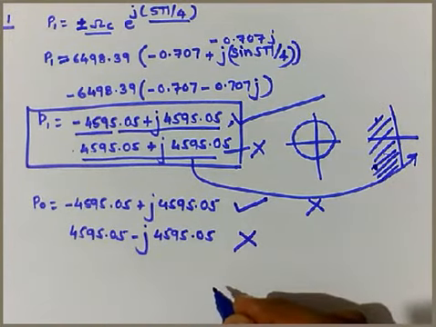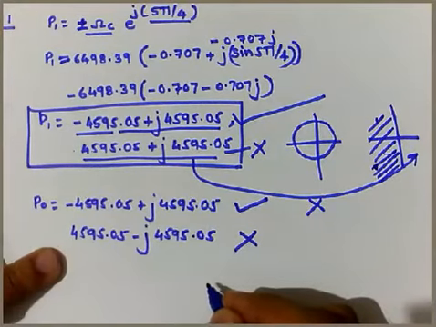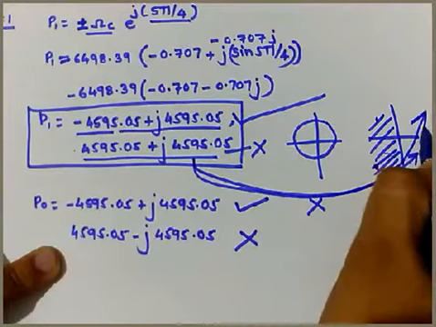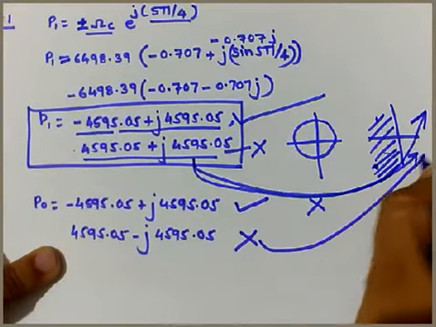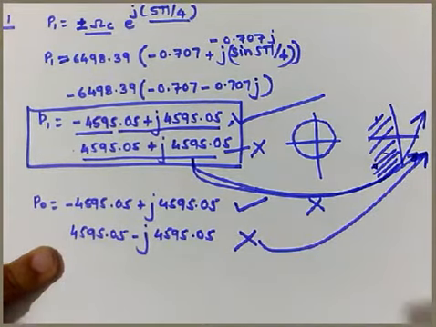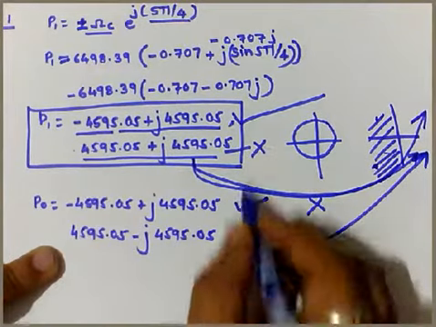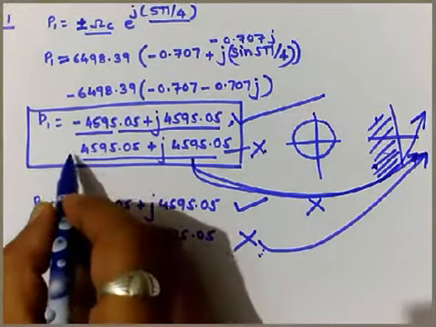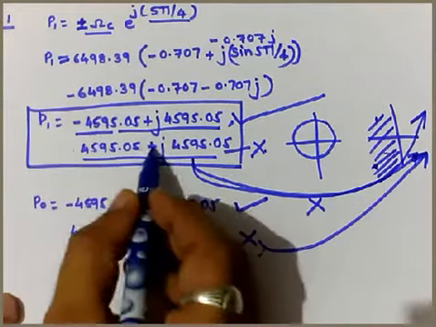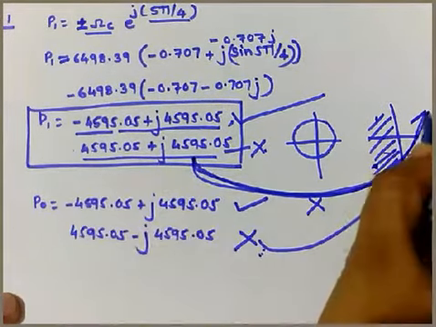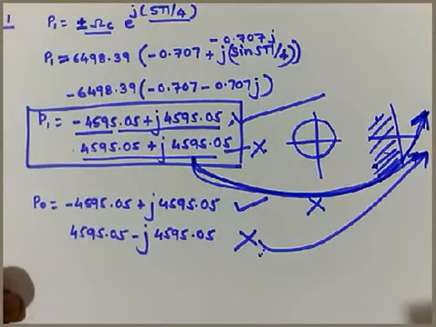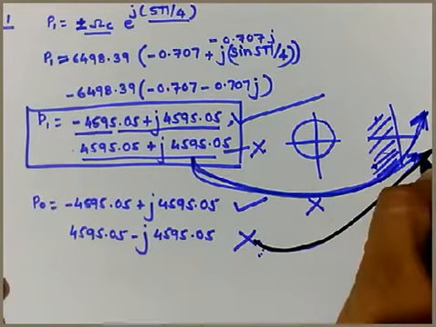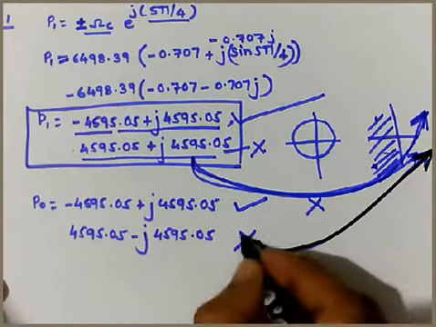Because this is in the first quadrant, and this one is in the fourth quadrant. That is why these two poles are neglected. We can just observe the coefficients here: this is plus, this is plus, so obviously it is lying in the first quadrant, so it will be neglected. Similarly, here it is plus minus, so it is lying in the fourth quadrant, so this is also neglected.